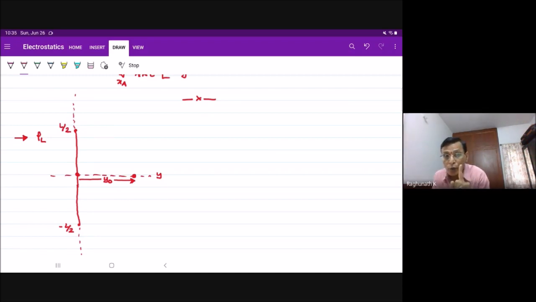Now, one point we should know, I will be adding a term: hypothetical. Hypothetical means just considering it as a case for mathematics. It is impossible for us to have a line charge of finite length which is uniformly charged throughout.